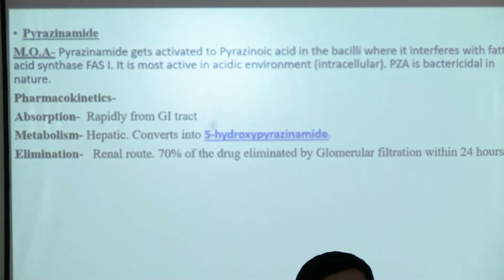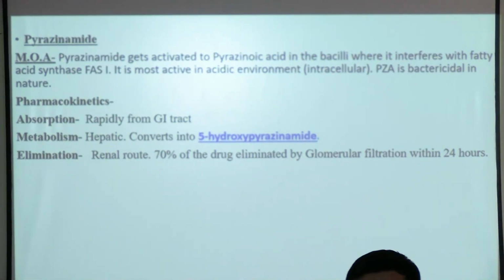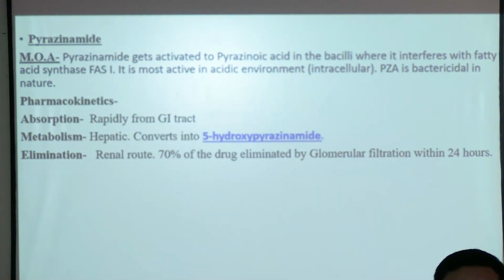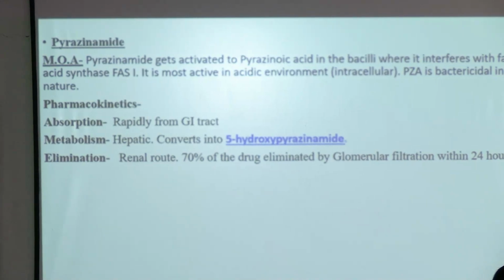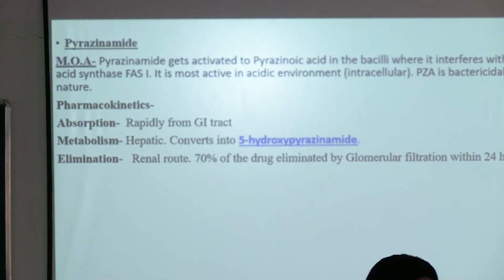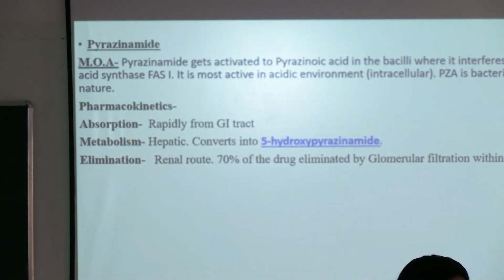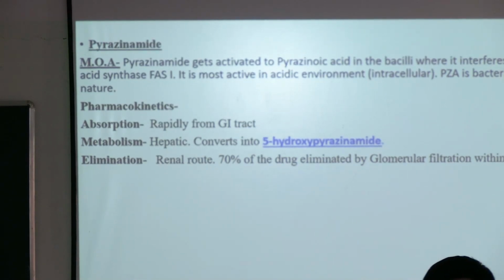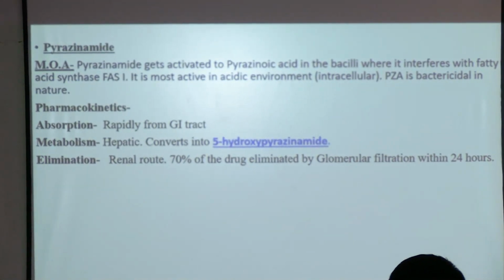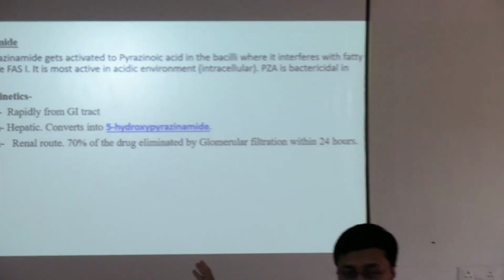Elimination is mostly by the renal route, 70% by glomerular filtration. But what is the difference between INH and pyrazinamide? The metabolites of INH also are excreted via urine, and pyrazinamide also, right? But we give INH in case of CKD at full dose, but pyrazinamide we cannot give at full dose.